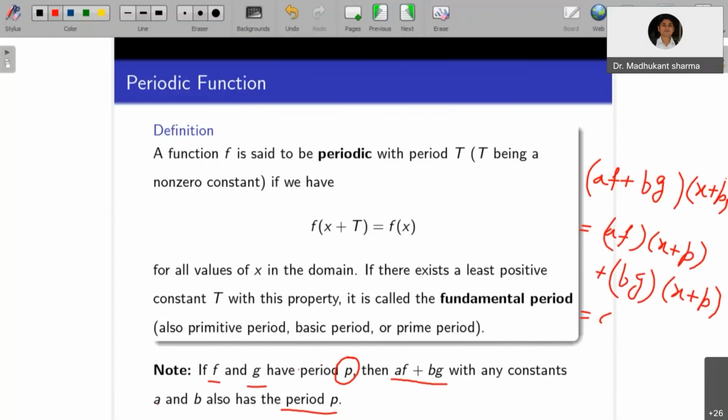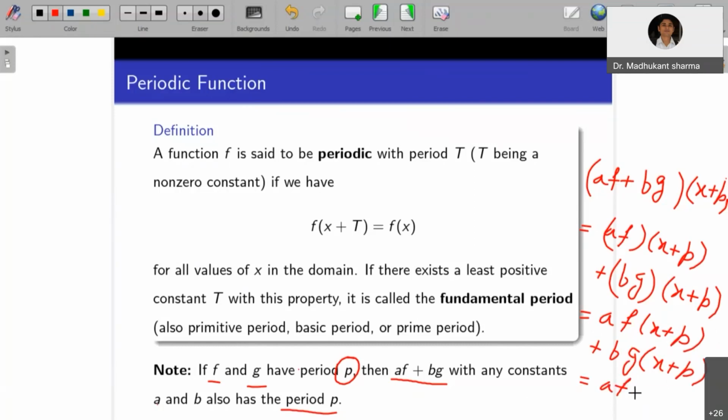Now this is equal to a times f of x plus p. You have to follow these definitions, how to perform the sum of two functions and scalar multiple of a function. Now use the fact that f and g are periodic with period p.